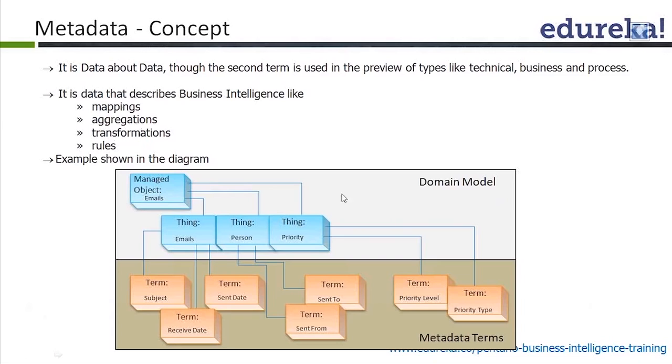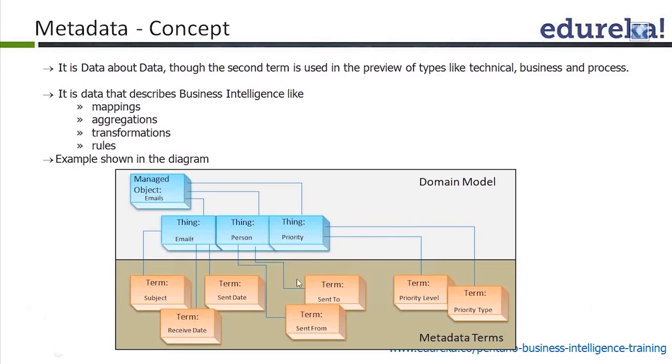This is one very basic example illustrated here. Email is a physical entity. On top you can see email, the managed object. Email typically has 3 physical elements associated with it: first is email itself, then second is person, and third is priority.